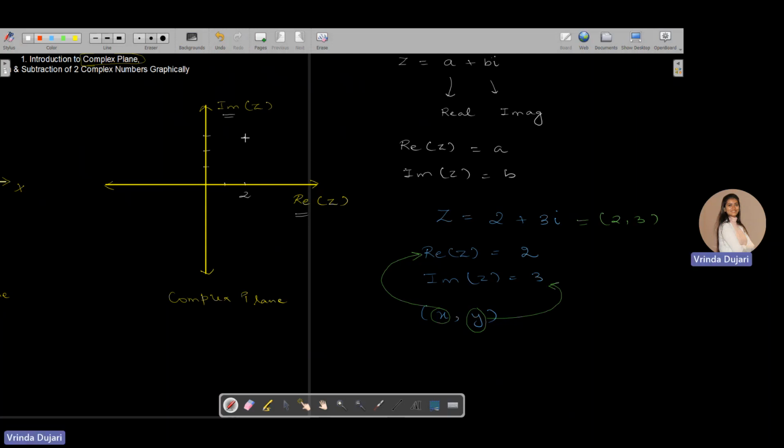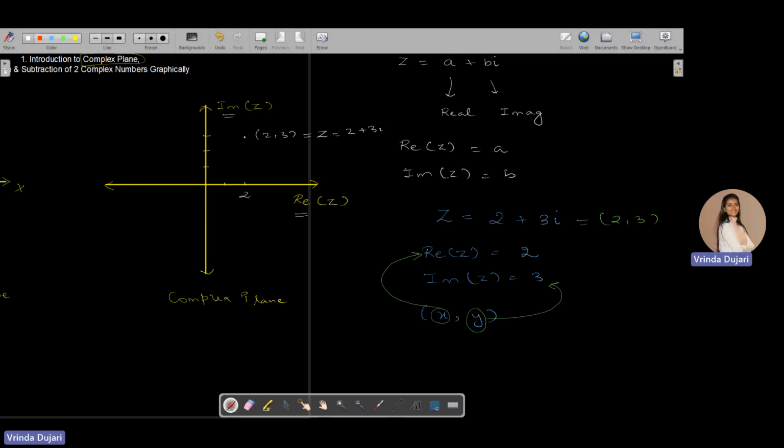And this is the point that you get. This is your (2, 3). Okay. So this is nothing but your z, or 2 + 3i. Okay. It's very simple, right?